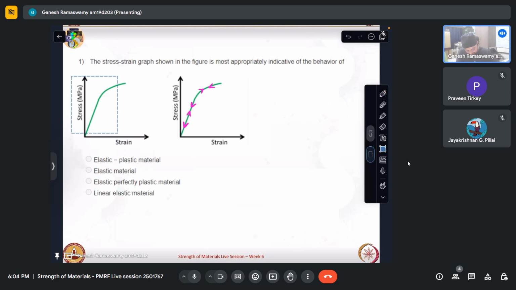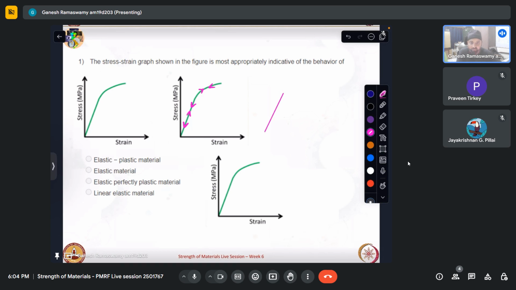On the other hand, for example mild steel, if we take, we generally see a curve like that, and then we have a long strain hardening zone where there is excessive plastic deformation.